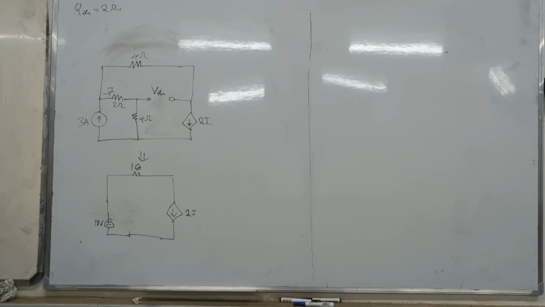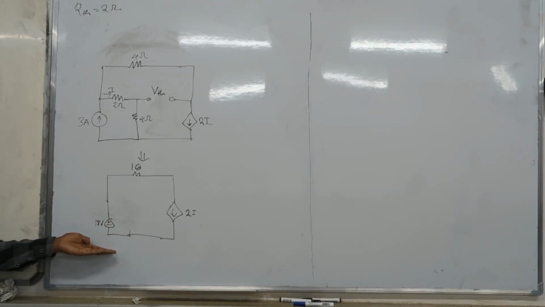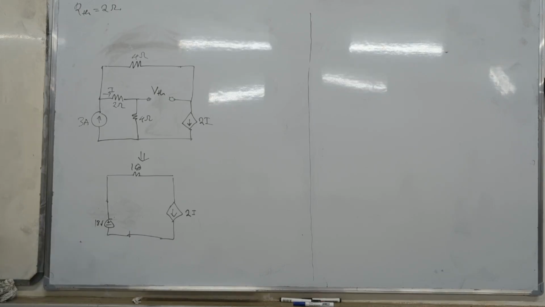So what are we trying to do? VTH. So when you are finding VTH, what you want to do is to keep those terminals. So whatever simplification you are doing, those terminals should remain. In this case, we've simplified the circuit, yes, but we've lost terminals. So you always have to keep those terminals.